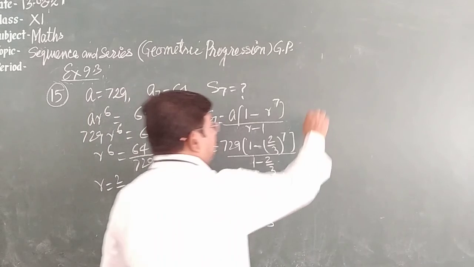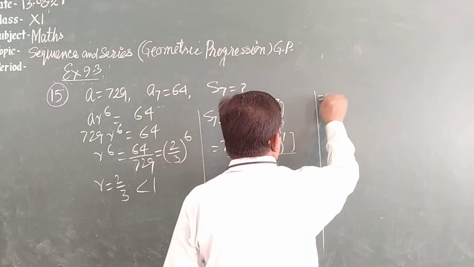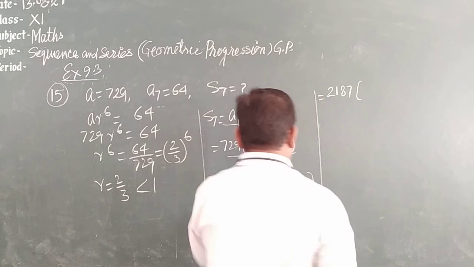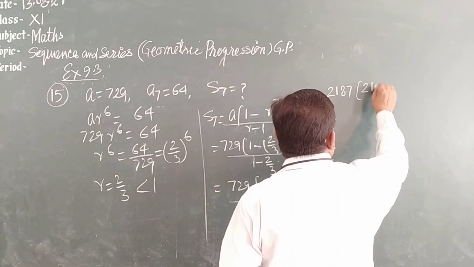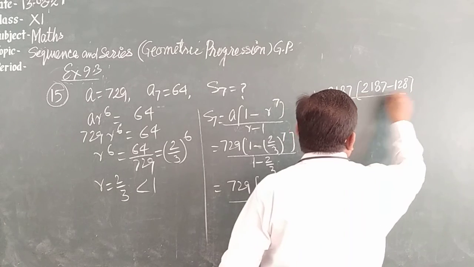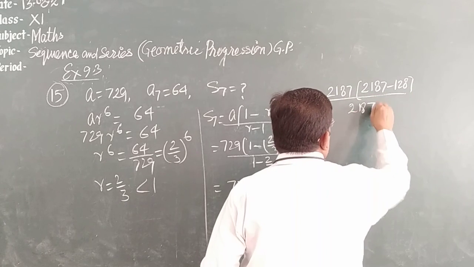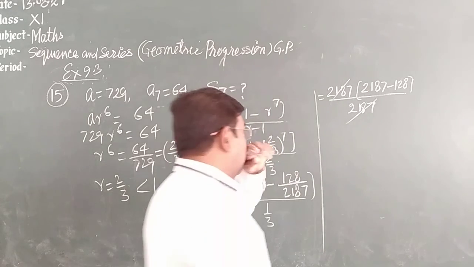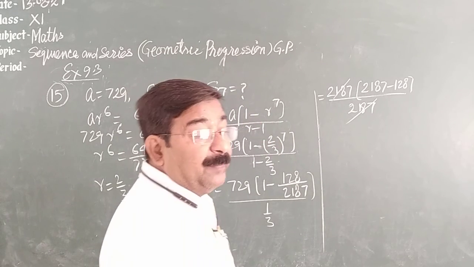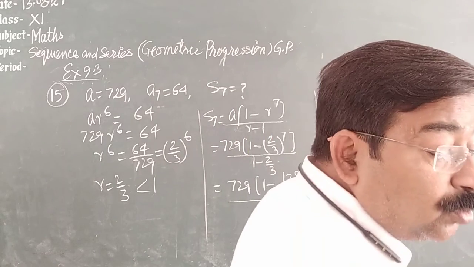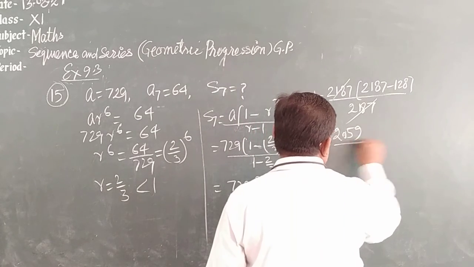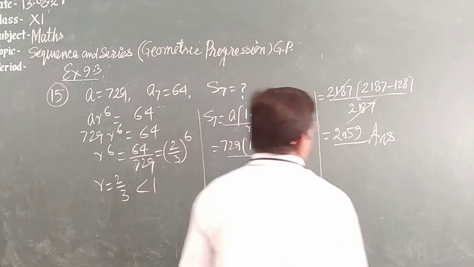We have 2187 into, in bracket by LCM, 2187 minus 128 upon 2187. This will be cancelled. Now subtract. I think the answer is 2059. So we have 2059 as the answer of this question.